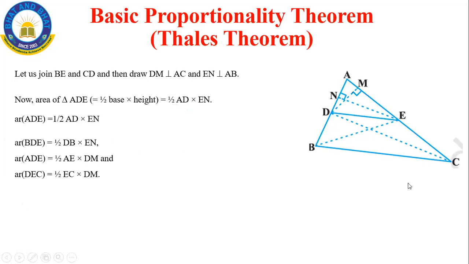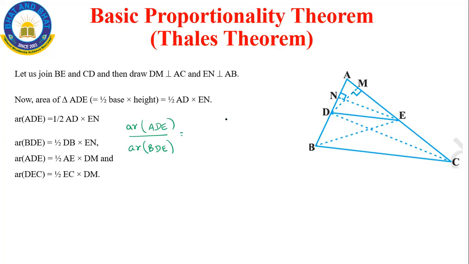Now comes the most important part, that is we have to take the ratio. What ratio will I consider? I will consider area of ADE divided by area of BDE.